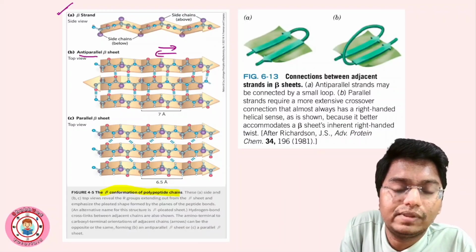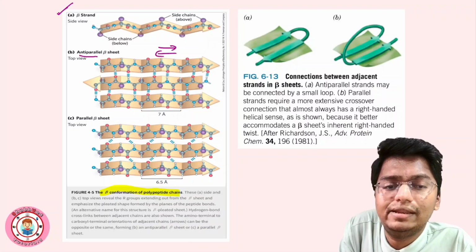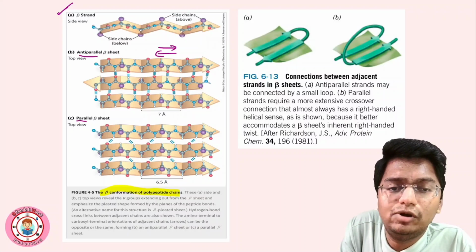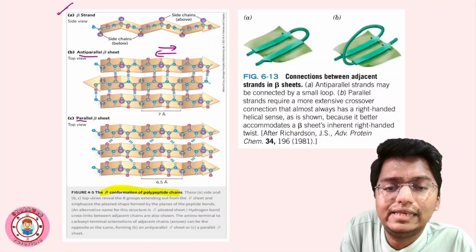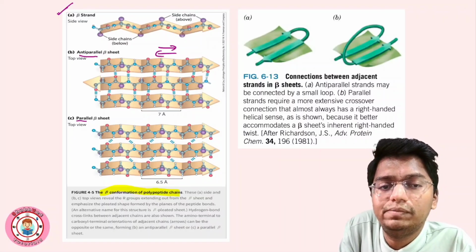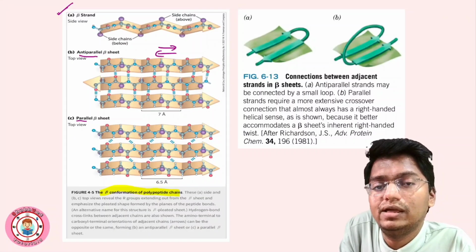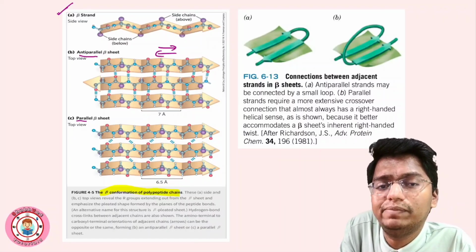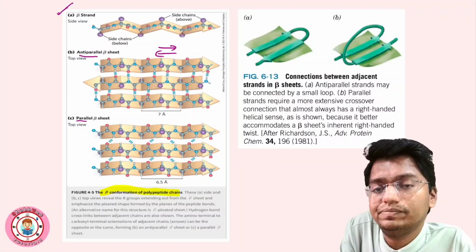Okay, and parallel में same side, right? Anti parallel में opposite, parallel में same. So this is about beta strands and beta sheets. Single chain है तो beta strand, and when there are multiple chains, then it gives rise to sheet.